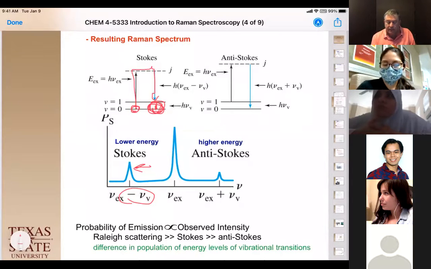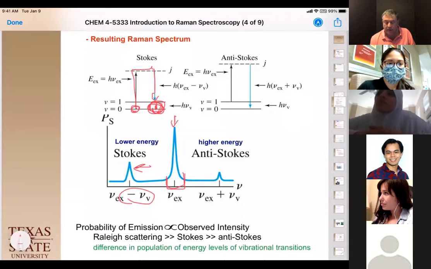In the case of an elastic one, this would be our Rayleigh shift right here. It didn't change. The excitation in, excitation out, the scattered frequency is exactly the same. And it's a very strong peak because that is the more common type of decay of these excited states.